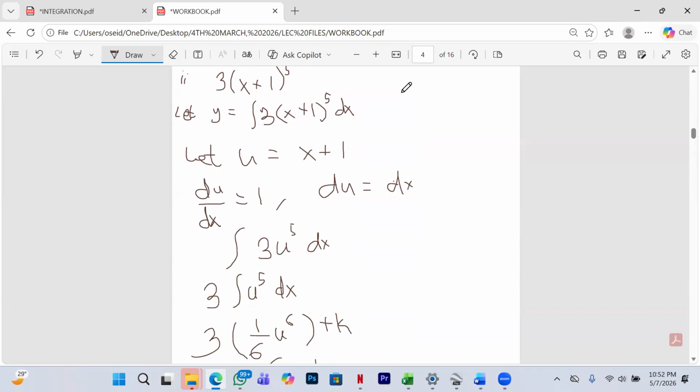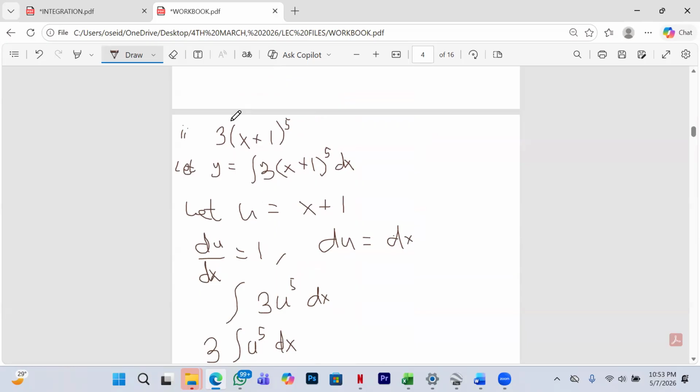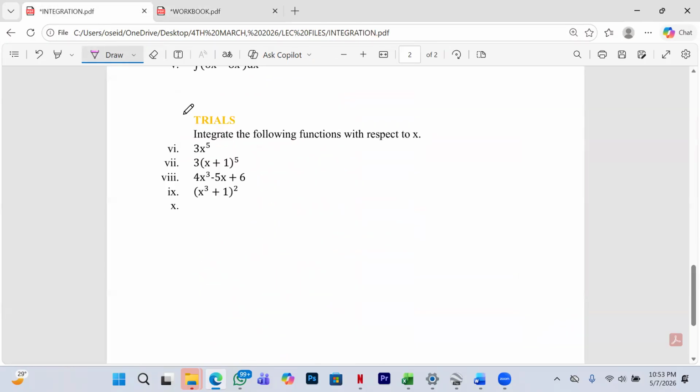Yes, Mr. Kenneth, please, you can talk. Please, how do we identify that the question is an integral question when they don't indicate anything like that? Okay, that's a good question. The question itself will tell you. Look at this. The heading says what?